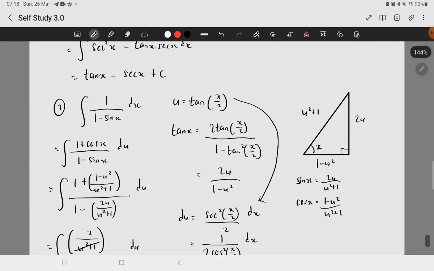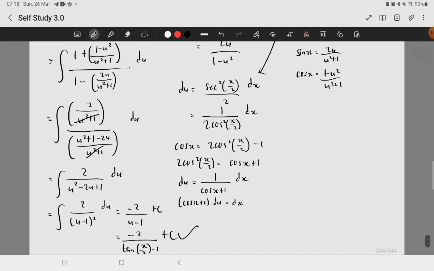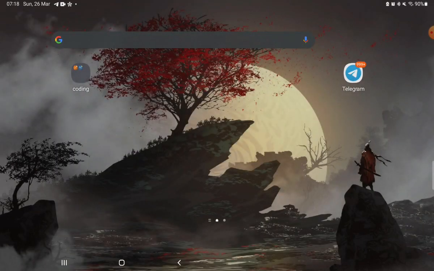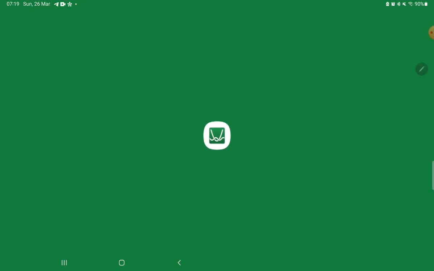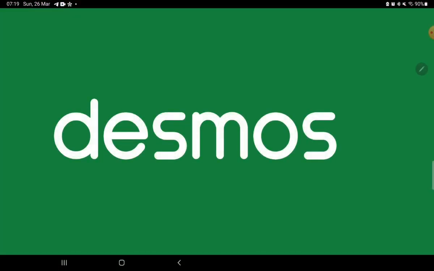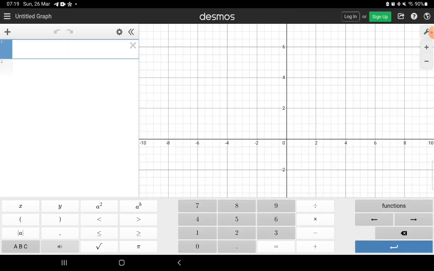So let me show you graphically why both of them are the same but differ by a constant. Let me just find the decimals. It's really important to know other solutions to an integral.